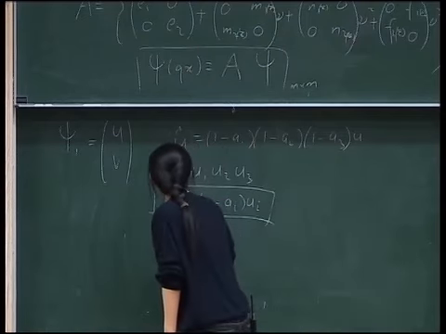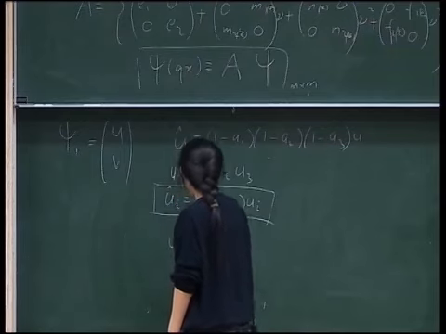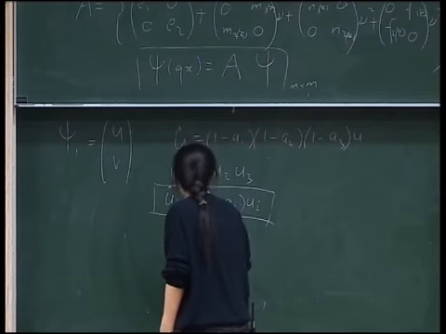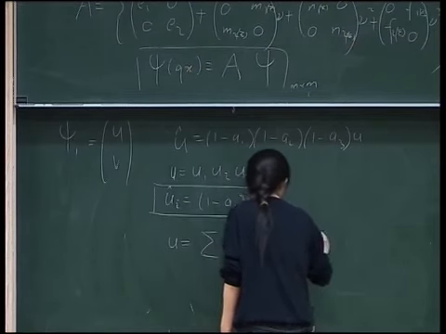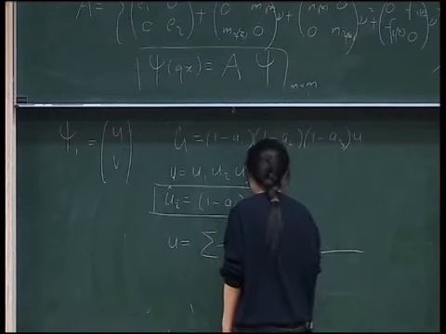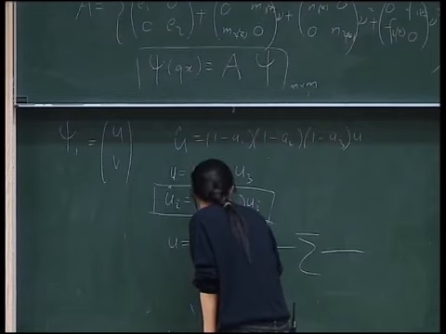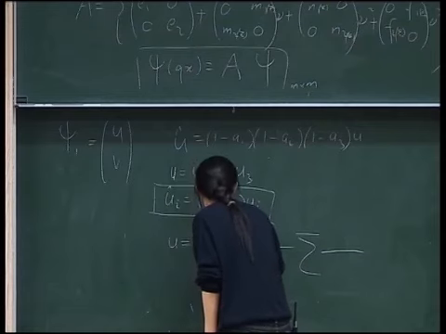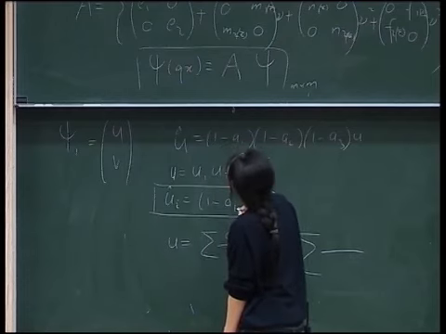So in the end, u is a product, and this is my variable.